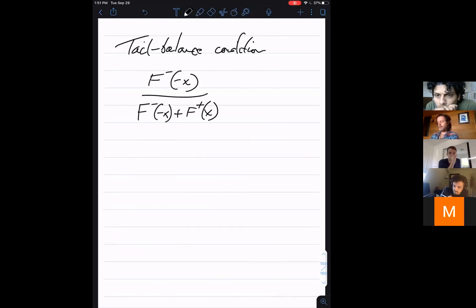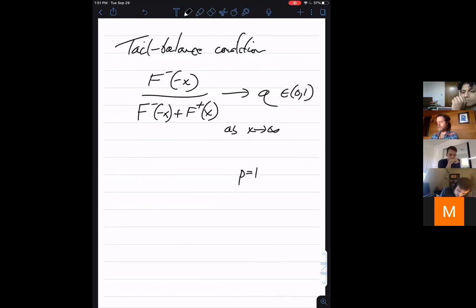So if we just say that this converges to some q, the point is that there's a degree of regularity that's being asserted if we write that. This is in the limit of x goes to infinity. Do we have such convergence to a value of q in 0, 1? If we have that, then naturally, if I define p to be 1 minus q, then of course the complementary event will converge to this.